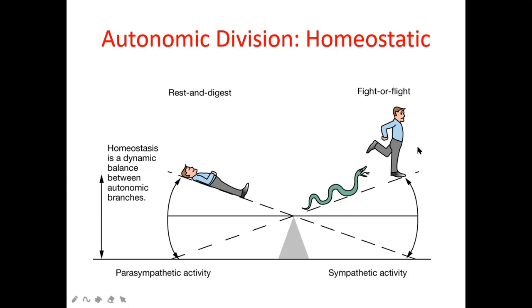Whereas the sympathetic activity is mainly associated with a phenomenon called fight or flight. So the fight or flight phenomenon is mainly seen with the sympathetic activity, while the parasympathetic activity is rest and digest. And of course, these two divisions have opposing effects, and normally their effects are in a state of equilibrium.